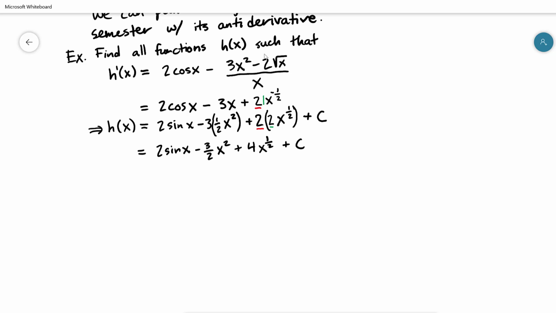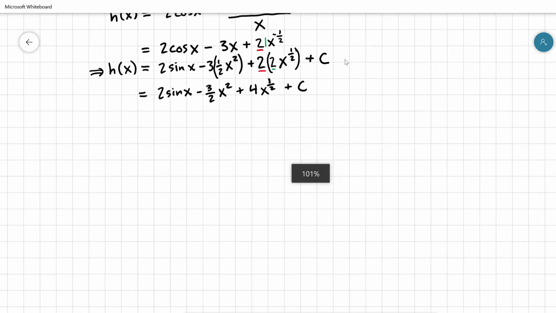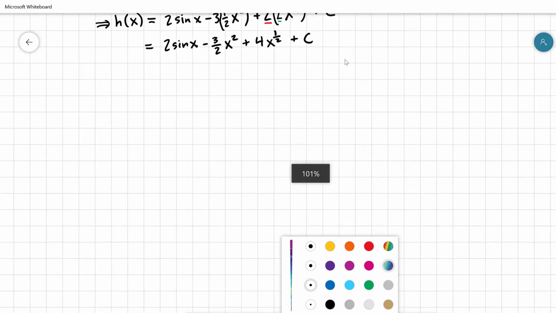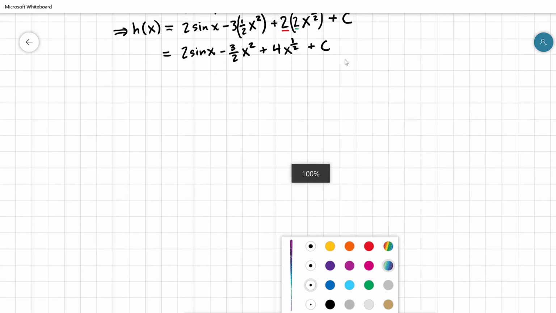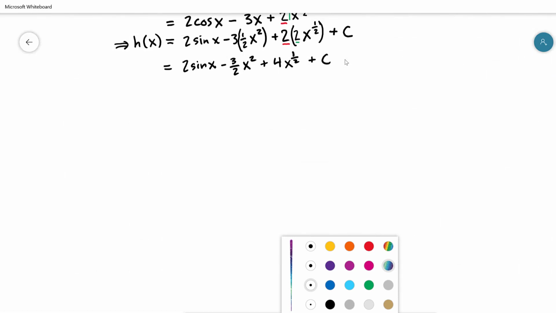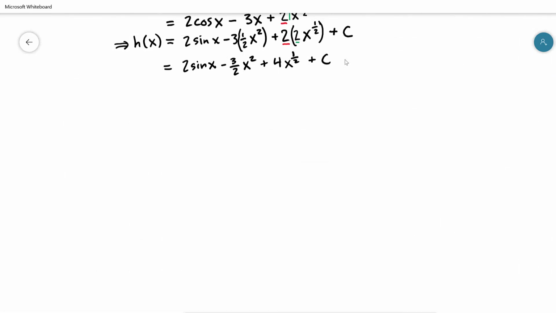All we've done is taken something that I didn't immediately know what the antiderivative looked like and tried to break it up into pieces where I could figure out what the antiderivative of those simpler pieces look like. So this is going to be one of the major ideas of solving these types of problems. We've talked this semester about solving differential equations.